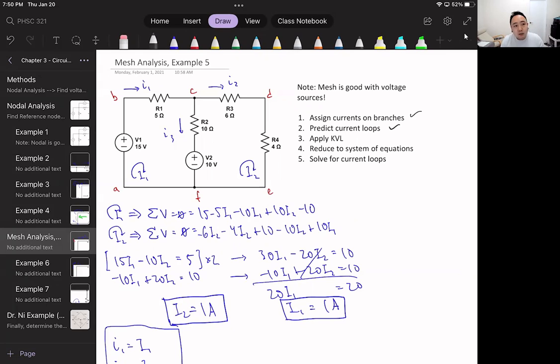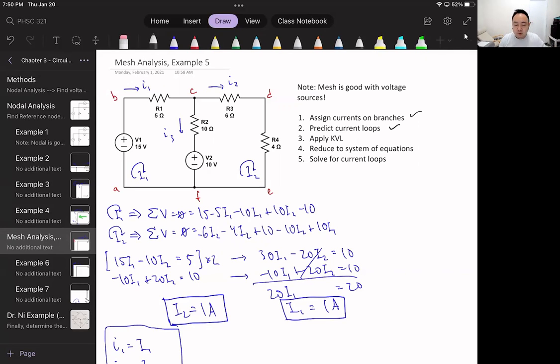I know sometimes some people like to predict it first. I personally like to start with the branches because you may be given a circuit that has lots of meshes. If you want to think of a window that you see in a house, you have those windows with the different metal things in the middle.